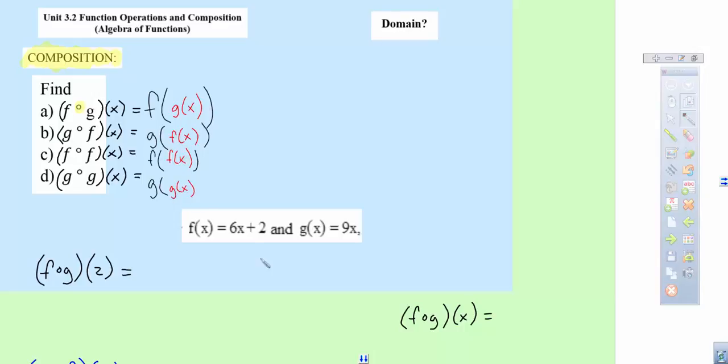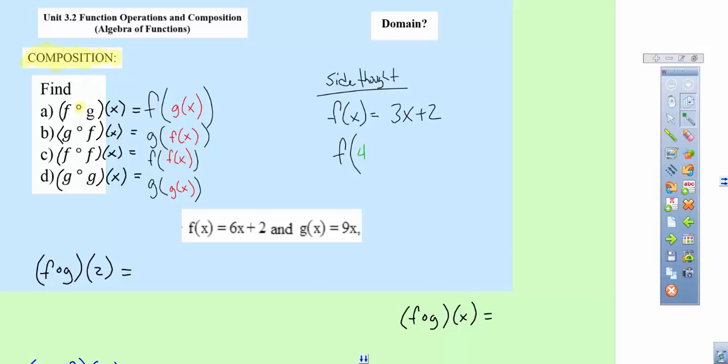Now, to wrap your head around what I'm saying here, this is a quick little side thought. If we go back to function notation, say f of x equals 3x plus 2, and I asked you to find f of 4, that means everywhere there's an x, I'm going to plug in 4.